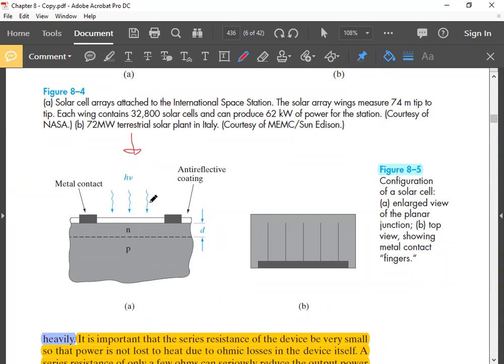So this kind of surface defect can be reduced to some extent by using special layers of material which are called passivation layers. Passivation layers can be used to reduce this kind of recombination at the surface, which, as I told you, will reduce the number of carriers generated.